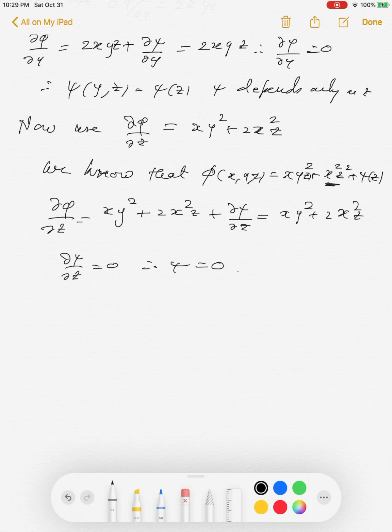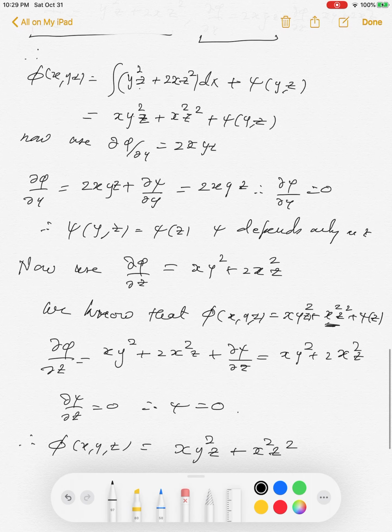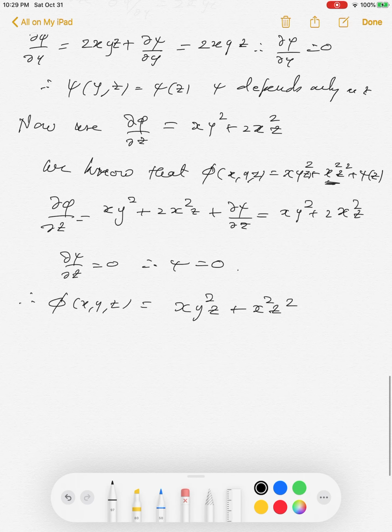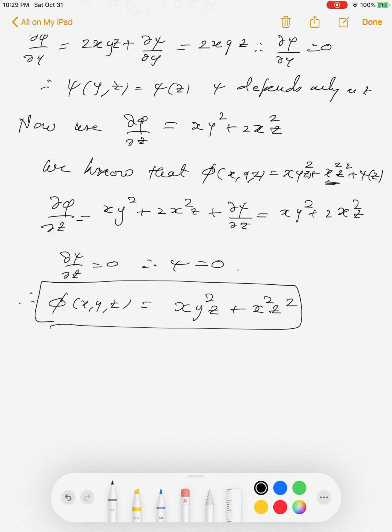So that tells you that d psi dz is 0, therefore psi is 0, or a constant, it doesn't matter if you add a constant. So phi of xyz therefore is going to be xy square z plus x square z square.